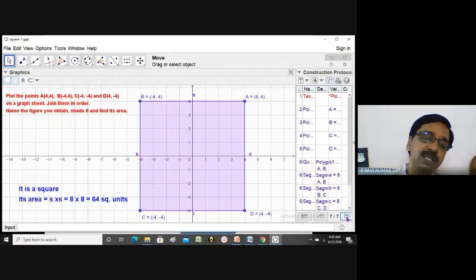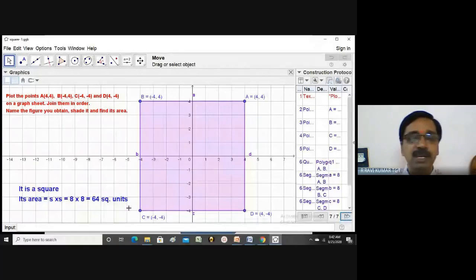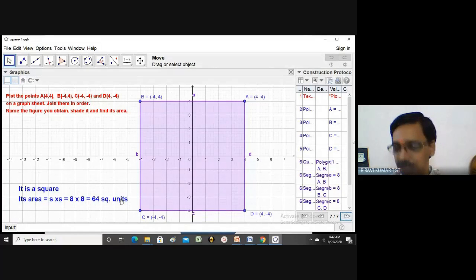This is how you have to write the answer. So draw one graph, locate the points, name the figure obtained, and so on. Children, if you don't know the formula for finding the area of a particular plane figure, you can count the number of squares and write the answer. Nothing wrong with it. Okay, right.